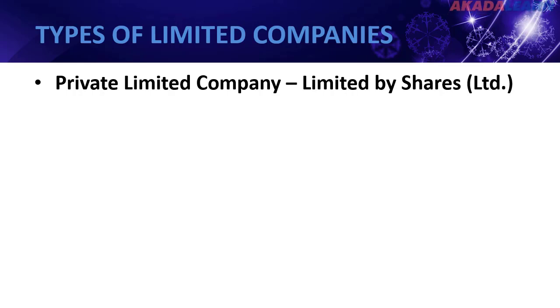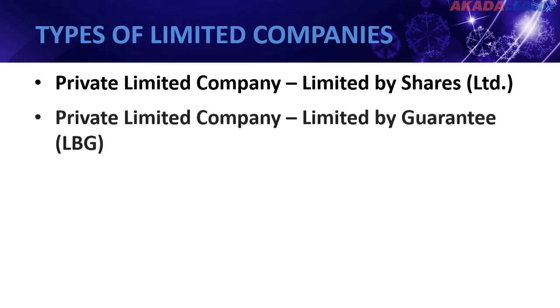So if a shareholder invested 30% of the capital, then that shareholder is only liable for 30% of all debts, legal liabilities and responsibilities. Because this is a private limited company, this means that the shares cannot be offered to the public and are purely owned by private shareholders.